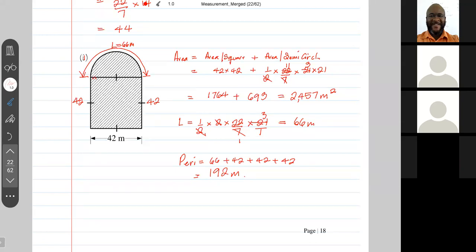So if this is the length you're talking about, no, you must not add that length. You're just going around the shape. So in going around the shape, it would be 42 plus 42 plus 42 plus 66. That carries me around the shape. So it would not include that 42 that goes across the shape.